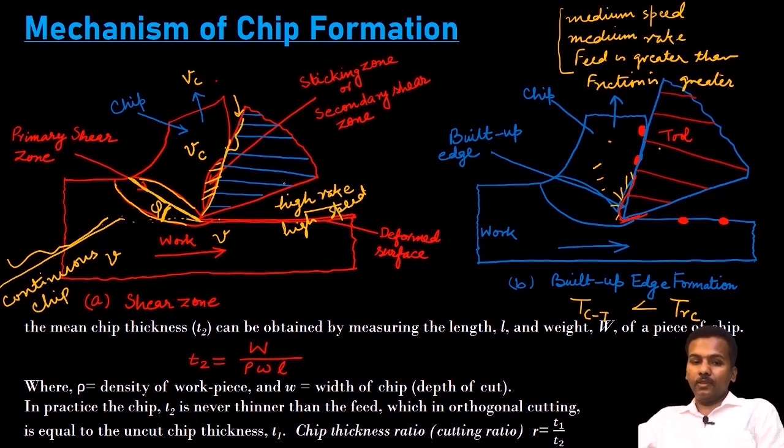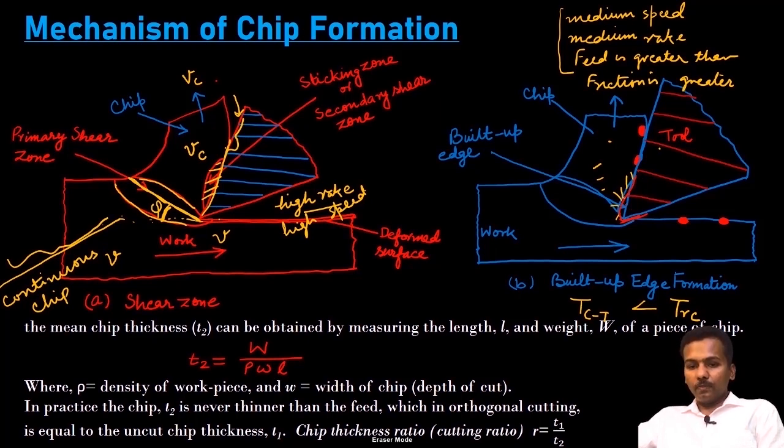So at high speeds, continuous chips are formed, because it is assumed that at much higher speeds the temperature generation at the interface is greater than T_RC, the recrystallization temperature. Here it remains under T_RC, and so the built up edge is formulated.